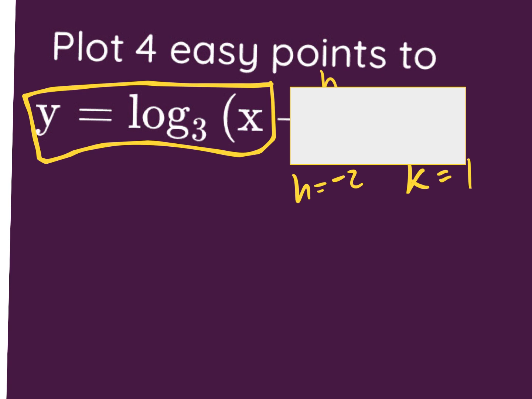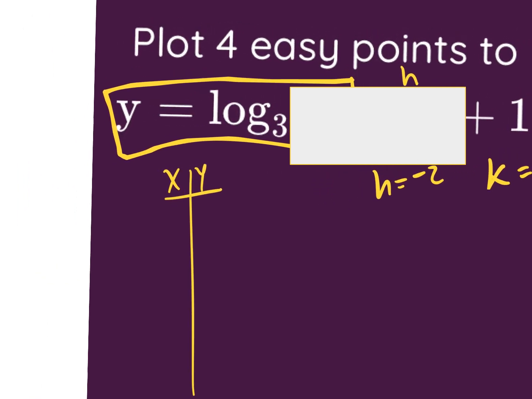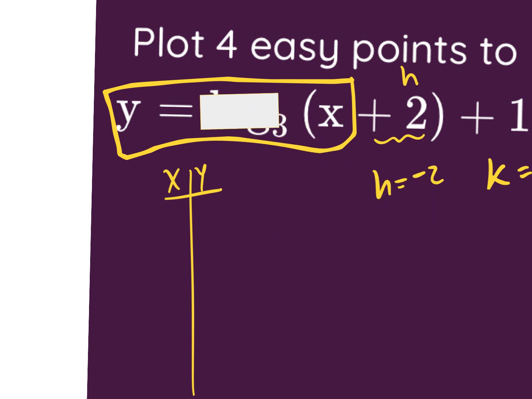So when we do that, we make an input-output table of the inverse of log base 3 of x. So what is the inverse of log base 3 of x? Here's a hint. If you cover up log, what's the inverse?